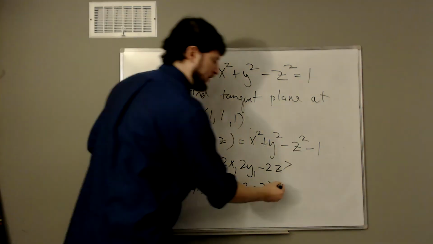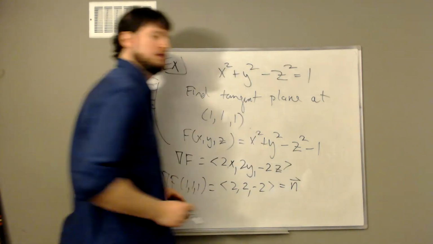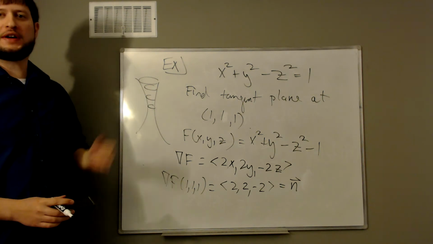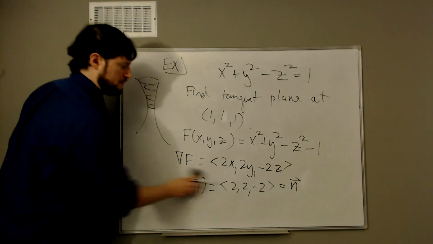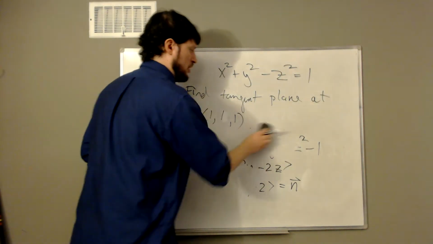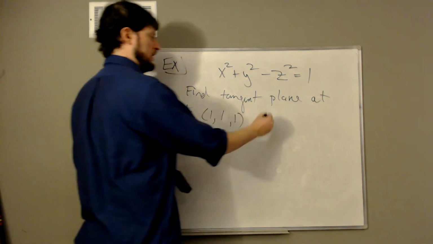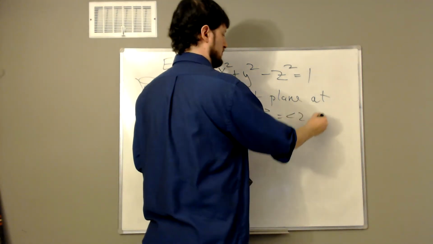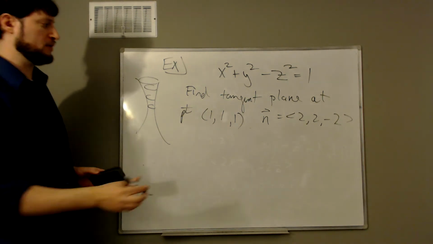That's the normal vector to the surface, so it's also the normal vector to the tangent plane. 2, 2, minus 2. So now I've got a point, and I've got a normal vector, and I can do the same thing to come up with the tangent plane.